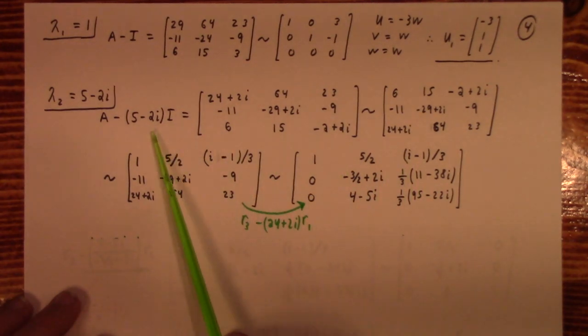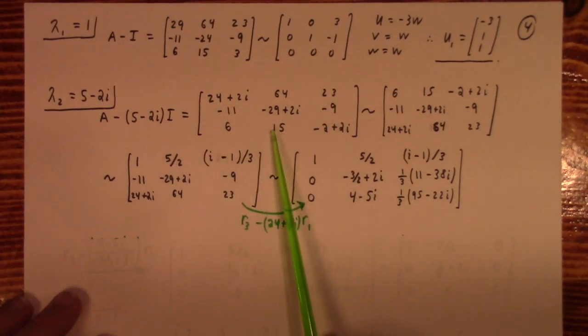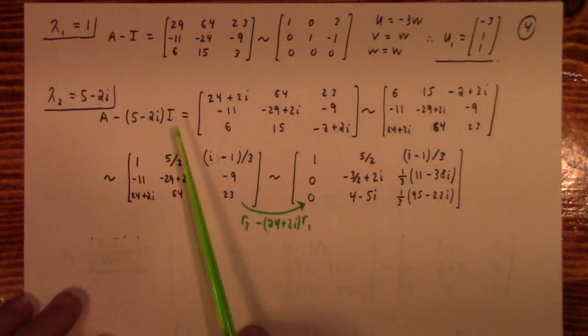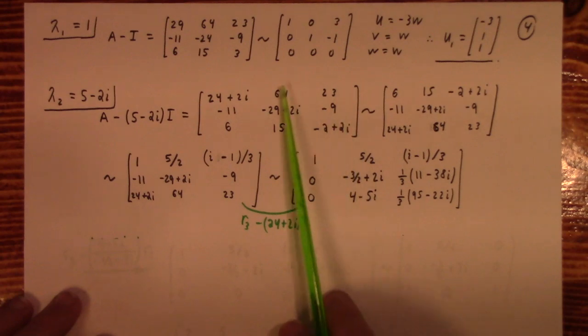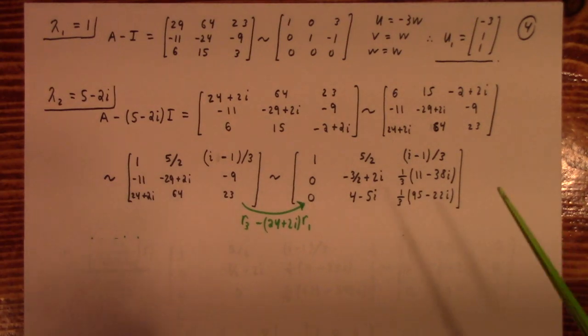Let's see here. This is the matrix I need to row reduce to reveal what the eigenvector looks like. I'm trying to basically find the null space of this complex matrix. The row reduction rules for complex numbers are the same as the row reduction rules for real numbers.